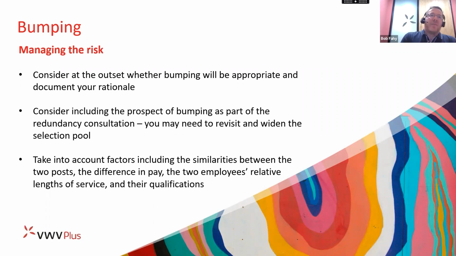And then some of the factors to take into account might include similarities between the two posts, differences in pay, relative lengths of service, and nature of the employee's qualifications. To that, I might add factors that might move you in the direction of considering bumping. Could be, has the senior employee ever actually performed the junior role?